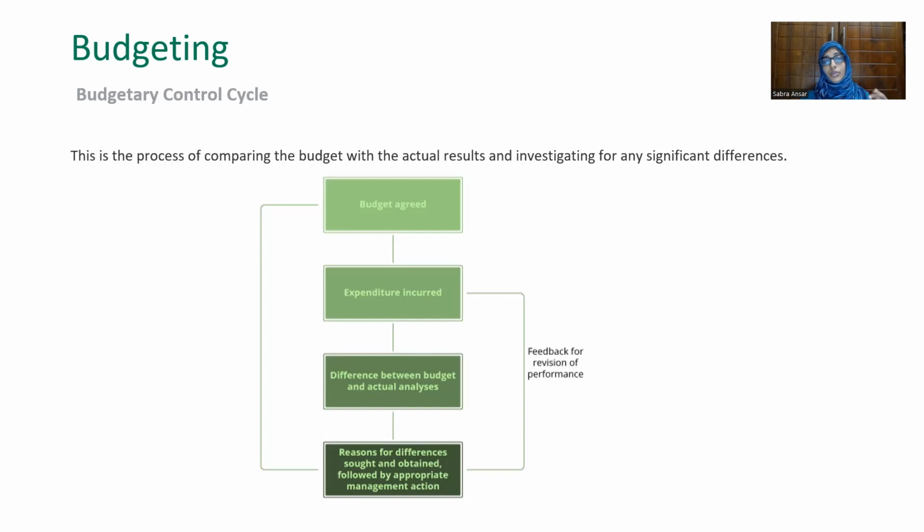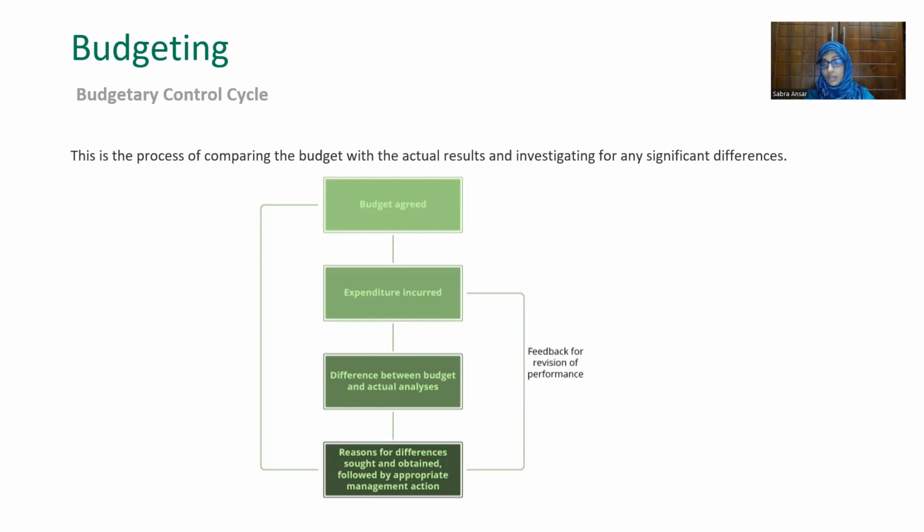Okay, so what happens after that is that the management will look at the budgeted amount, then the actual amount, and the difference between the budgeted and the actual will be identified to see how much variance there is. Thereafter, if there is a high variance in a certain section, they will try to understand why.